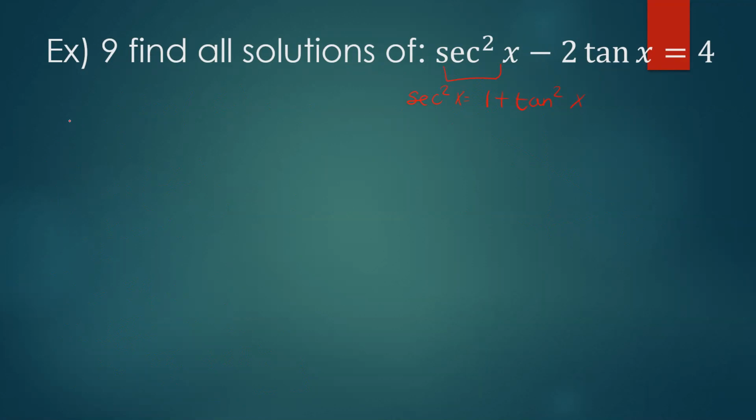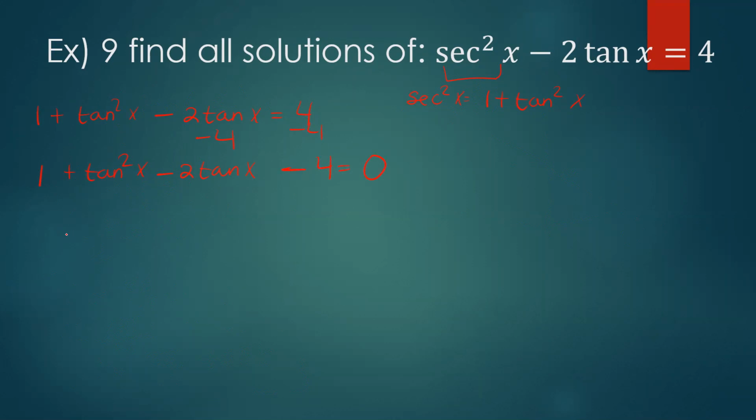So go ahead and replace that with 1 plus tan squared of x minus 2 tan of x equals 4. And then what you would do is get one side to 0, so you can subtract 4 from both sides. I would get 1 plus tan squared of x minus 2 tan of x minus 4 equals 0.